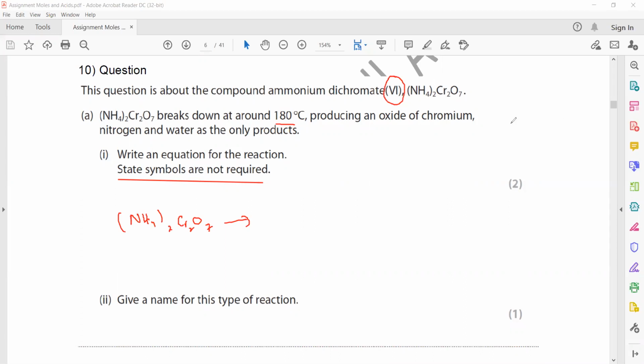So if the oxide of chromium is there, chromium is plus 6 and oxygen is minus 2. So when we simplify this, it will be Cr, this will be 3 and 1, so it will be CrO3, as a normal chromium 6 oxide. But if the oxidation number changes, then the formula will also change for this chromium oxide. So we will have to write the balanced equation for this.